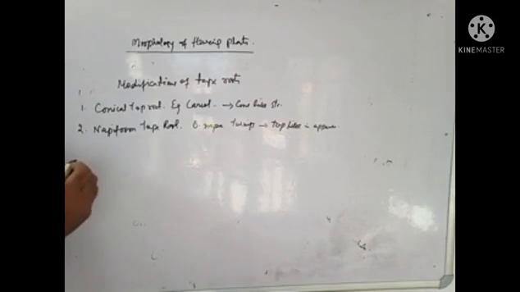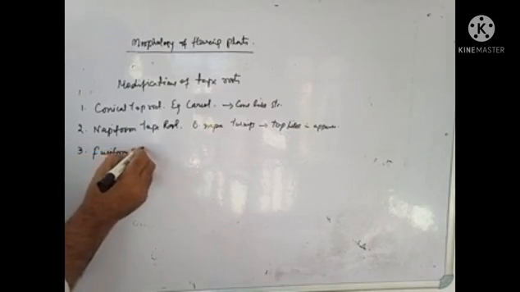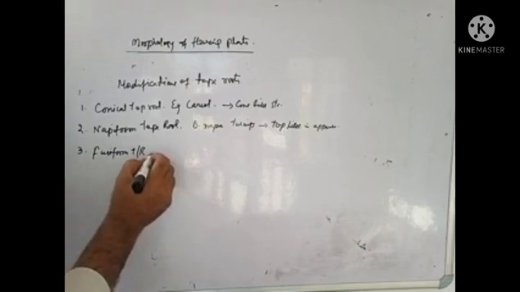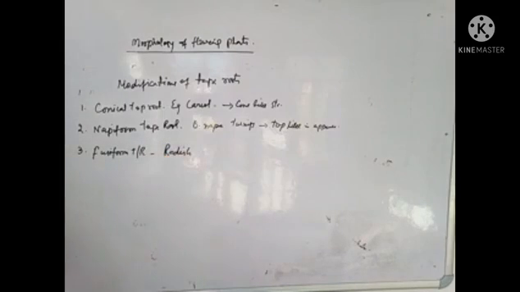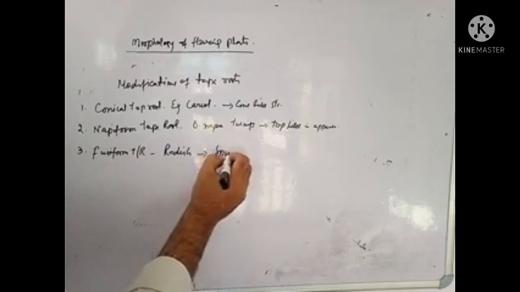Number third is fusiform taproot. It is found in radish. And it is spindle-like.